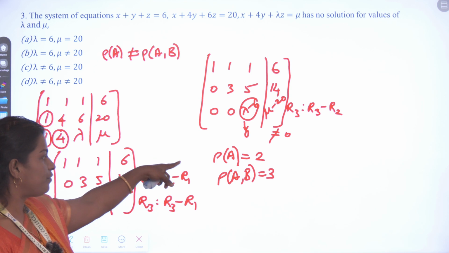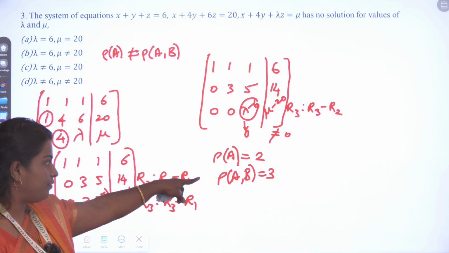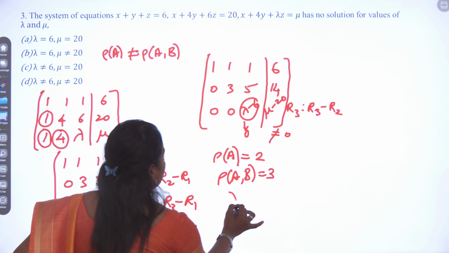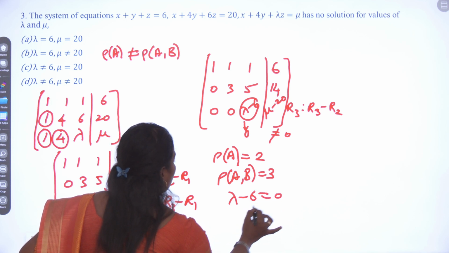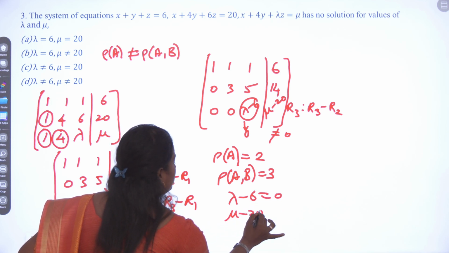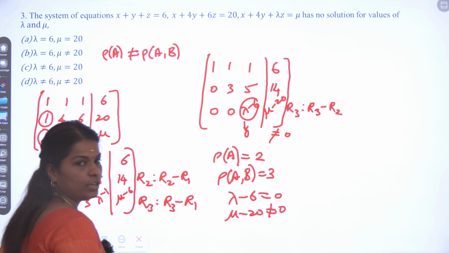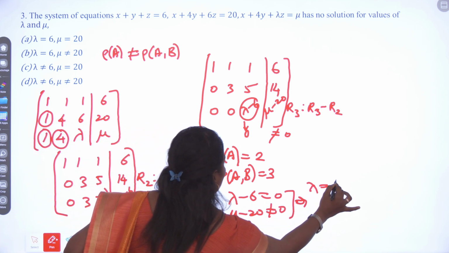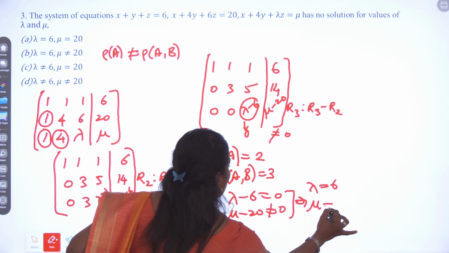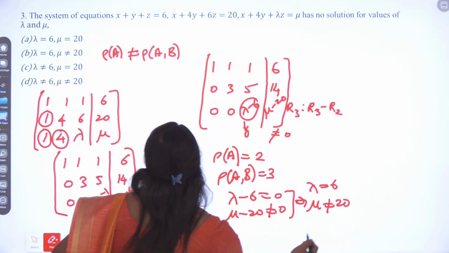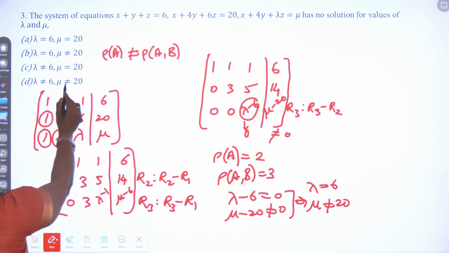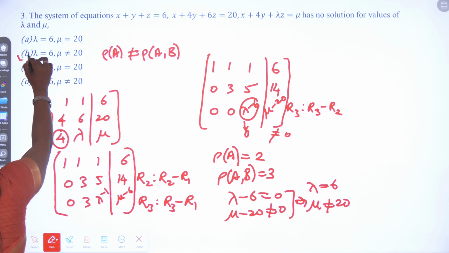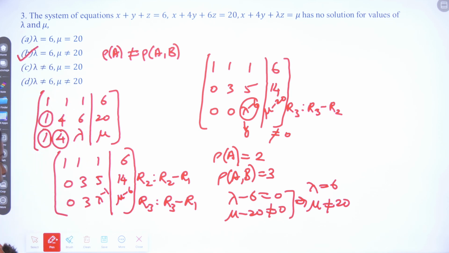So in that case, rank of A is not equal to rank of AB, for the values that lambda minus 6 is equal to 0 and mu minus 20 is not equal to 0. So it is very clear that lambda is equal to 6 and mu is not equal to 20. This becomes the correct answer.